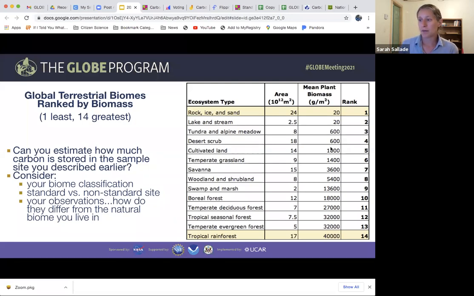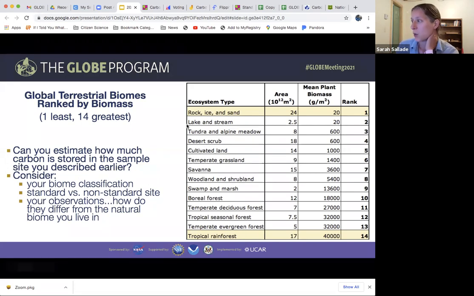So a thought exercise for you here. Consider, can you estimate how much carbon is stored in the sample site you described earlier? So the one that you described in that Padlet that you have already collected some data on, or you've been thinking about training or teaching at, how much biomass do you think it actually has?